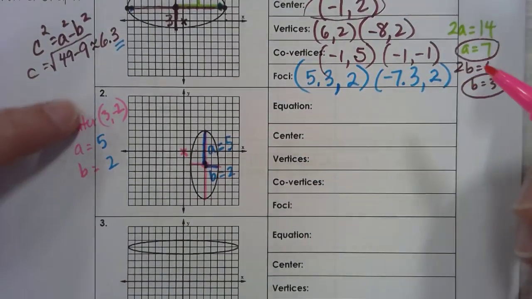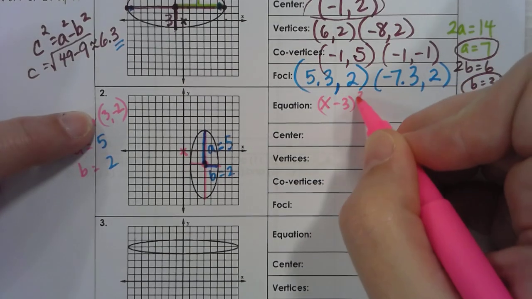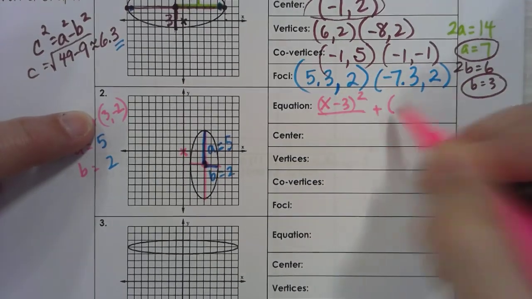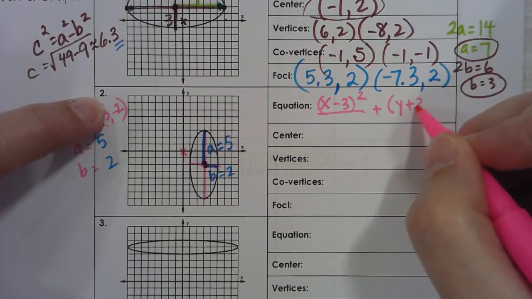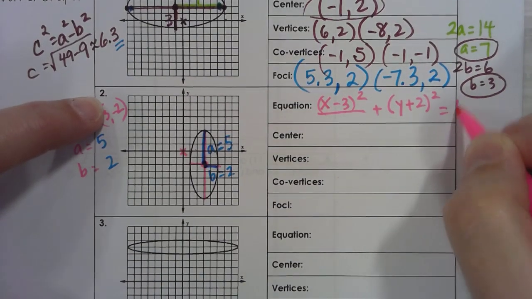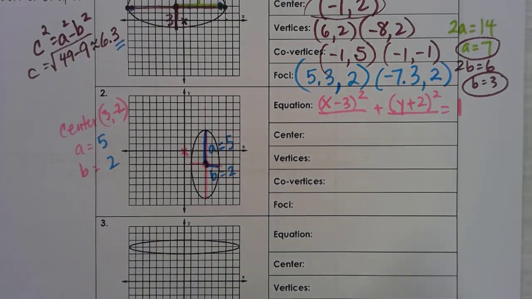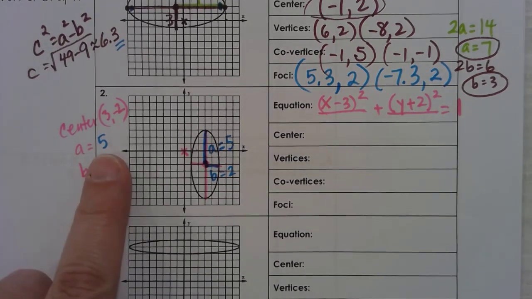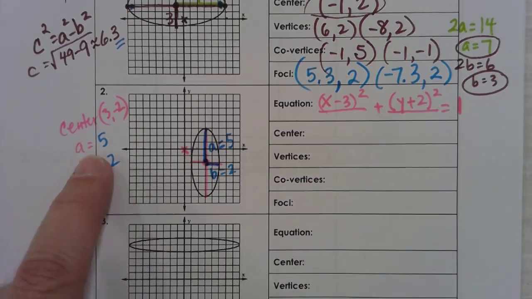So for our equation, our center is positive 3, so that's going to be x minus 3. Opposite of minus 2 is plus 2. And before we write down our last two numbers, we got to remember to square them, right? We're not going to put 5 and 2. We're going to put 25 and 4.